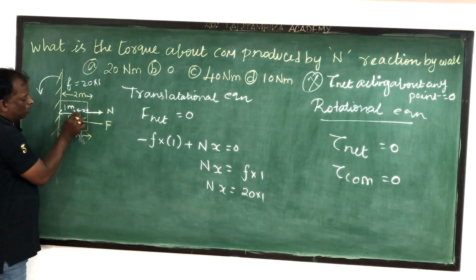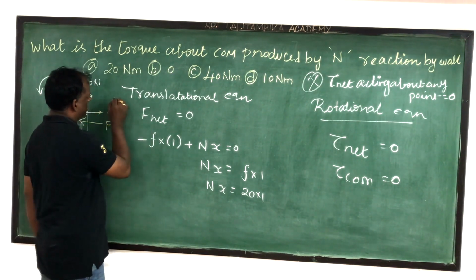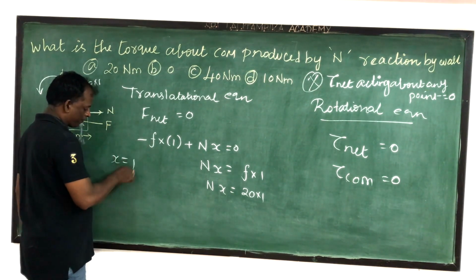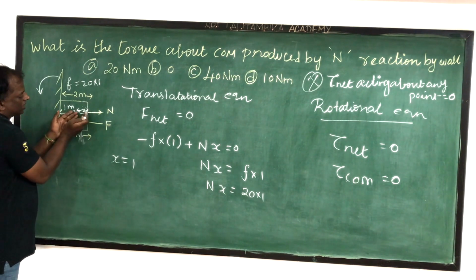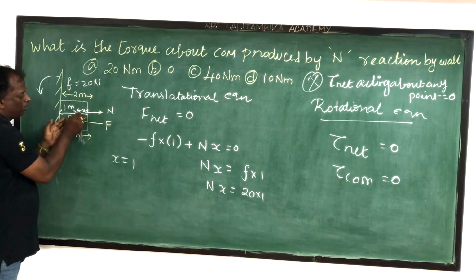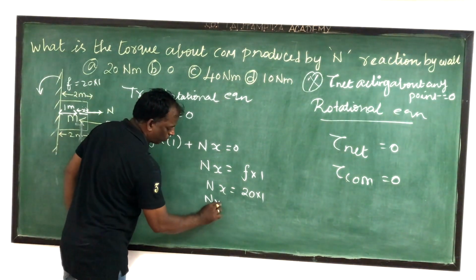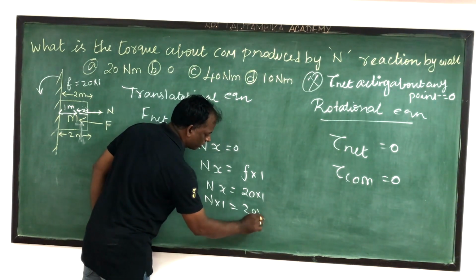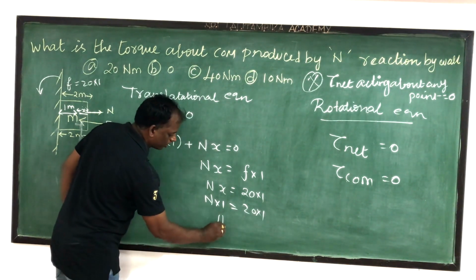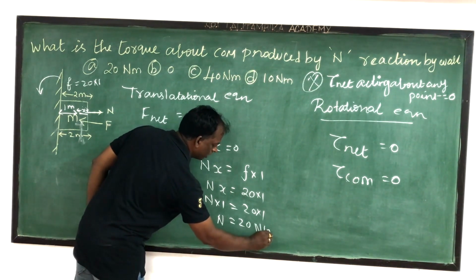This is 1, so x is also 1, so we can substitute x is equal to 1. You know how much distance it is separated, it is 2 meter. So if this half is 1, the other half is also 1, so we can substitute x as 1: N into 1 is equal to 20 into 1, or N is equal to 20 newton per meter.